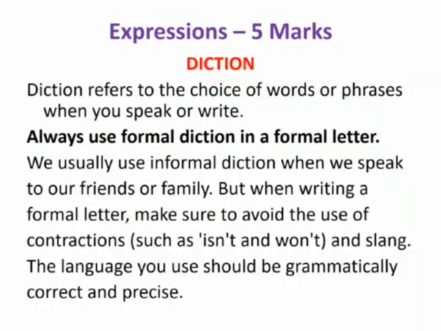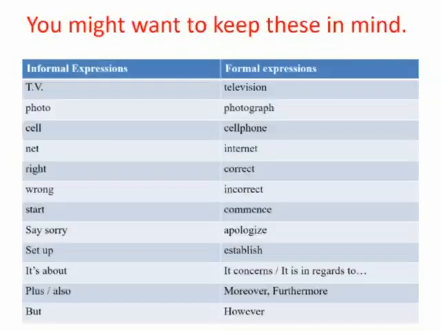We usually use informal diction when we speak to our friends or family. But when writing a formal letter, make sure to avoid the use of contractions such as isn't and won't and other slangs. The language you use should be grammatically correct and precise. You might want to keep these expressions in mind.